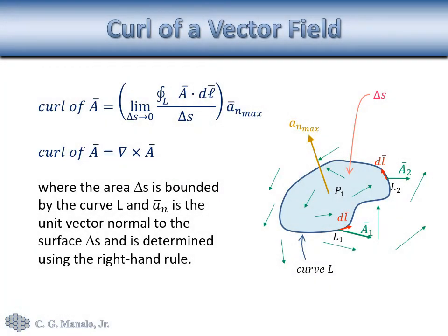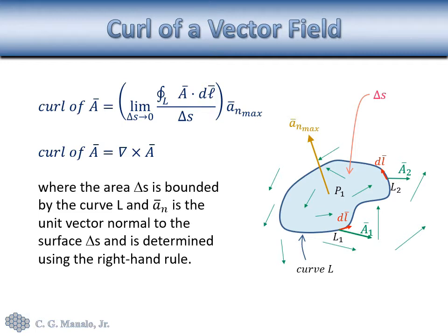Here is the mathematical definition of the curl of a vector field A. So to explain, let's imagine that we have a vector field here, vector field A represented by the green arrows.